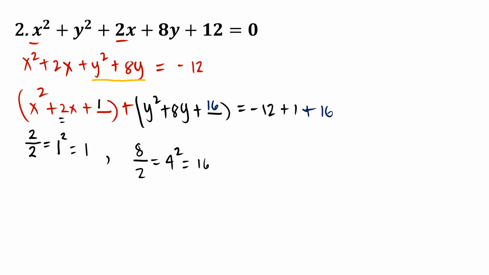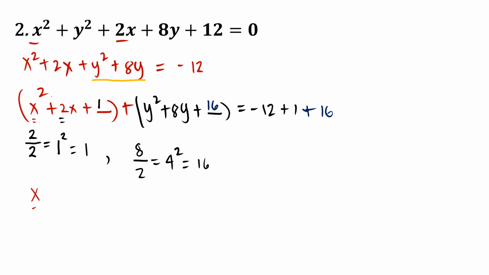So as of this time, the entire given will be already a perfect square trinomial. If this is already a perfect square trinomial, we can express this as a square of a binomial. And how? We get the square root of x squared, which is x.